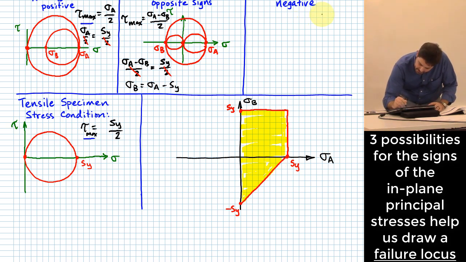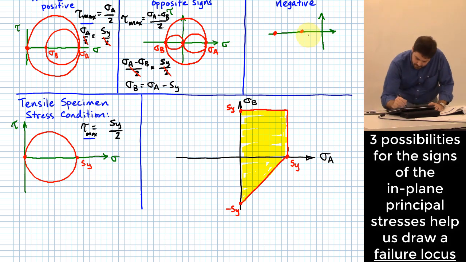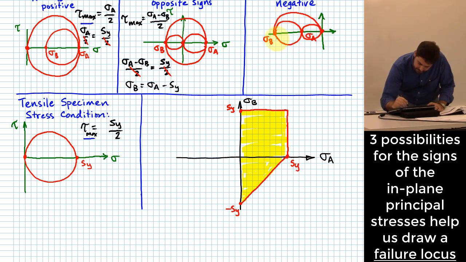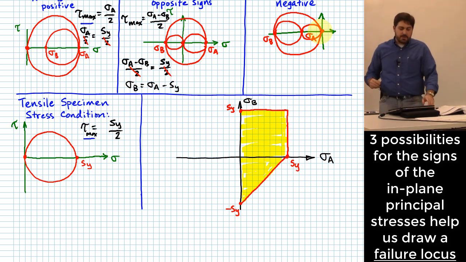All right, last case is one where we've got my two in-plane principal stresses. Okay, maybe I'll call it sigma A and sigma B, along with the 0 one, and I don't need to necessarily belabor this one. If I draw my Mohr 3-circle diagram, it's going to look something like this. And so what's my maximum shearing stress?